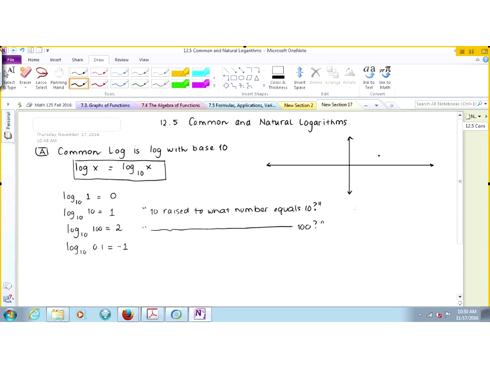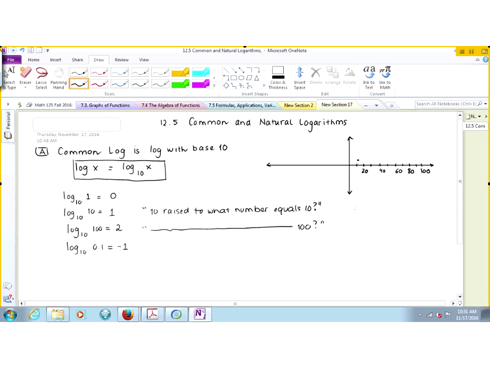So 10, 20, 30, 40, 50, 60. Okay, see, I can't even graph it because it's too big. So let me do this. 10, 20, 30, 40, 50, 60, 70, 80, 90, 100. Yes. So 20, 40, 60, 80, 100. Yes. So your graph will still look like this.